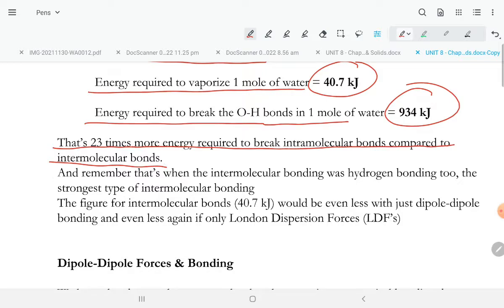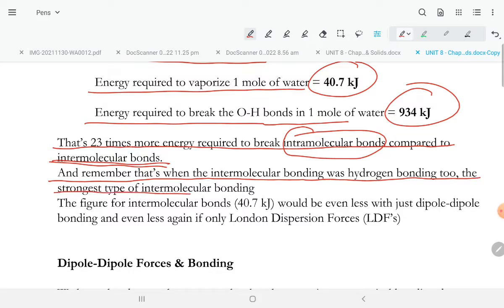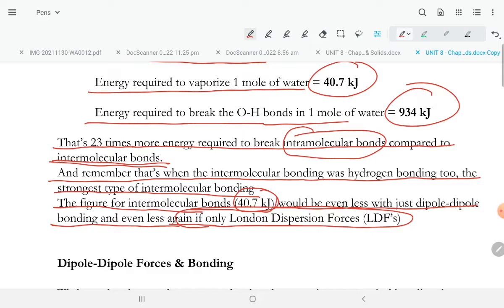And remember that when the intermolecular bonding is hydrogen bonding, the strongest type of intermolecular bonding, the figure is 40.7 kilojoules; it would be even less with just dipole bonding, and even less again if only London dispersion forces, LDF, are there.